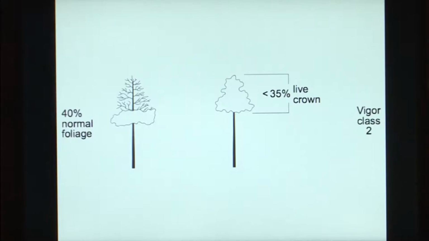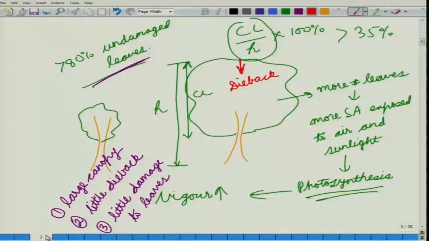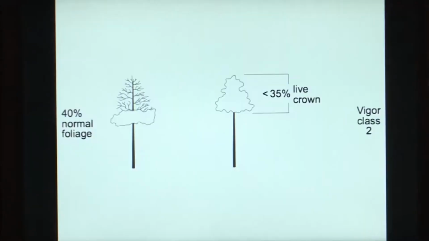Now, in the case of class 1, coming back to our class 1, we would have had that this crown length upon height is greater than 35%. Coming back to the figure, here we are seeing that 40% of the foliage is normal and with less than 35% crown length. So, we either have less than 80% undamaged leaves. In the case of class 1 we had greater than 80% undamaged leaves.